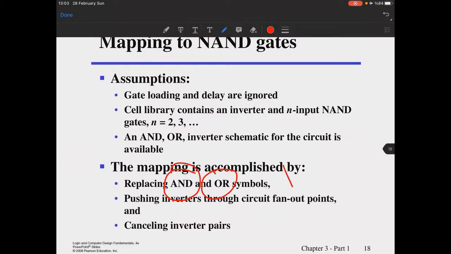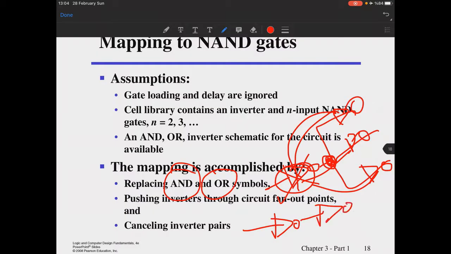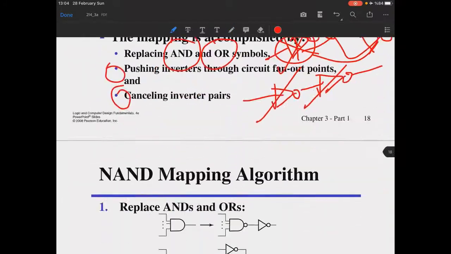And when you encounter an inverter in a circuit like this, you push it to its fan-out points, transforming it into all of them, like spreading the effect. And whenever you see a structure like this after mapping, you cancel those inverter pairs. That's what you do during mapping.